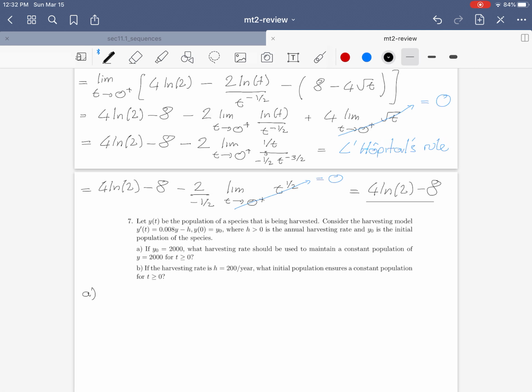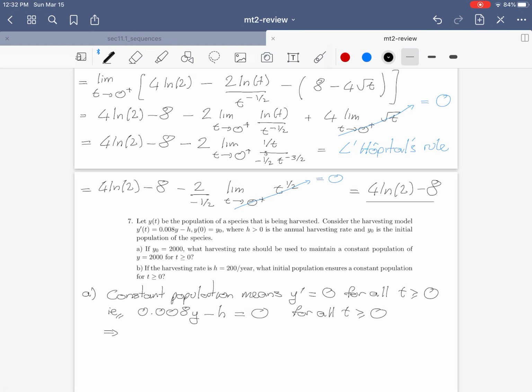A constant population means y prime equals 0 for all t greater than or equal to 0, i.e. 0.008 y minus h is equal to 0 for all t, which is equivalent to h being equal to 0.008 y. This holds for all t.